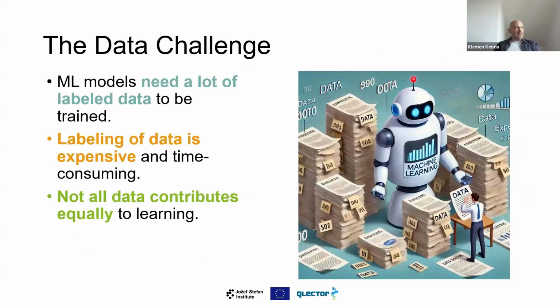All right. So when dealing with machine learning, we have the data challenge, which means that we need a lot of labeled data, and sometimes this is really expensive, because in the end, usually a human needs to sit in front of this data. Either this is a text, a picture, or some numerical data, some curve, and he or she needs to decide what this data represents, and it needs to be labeled.